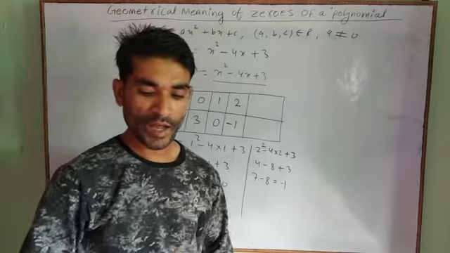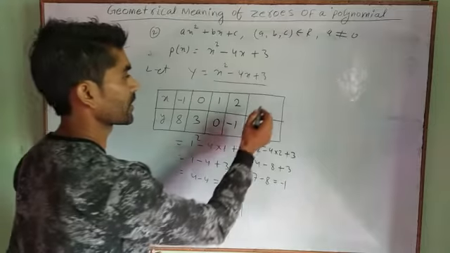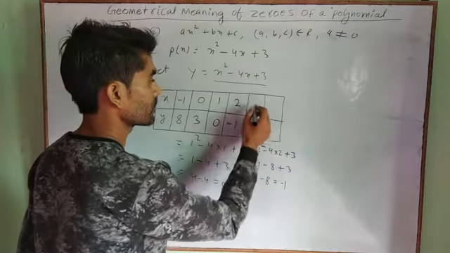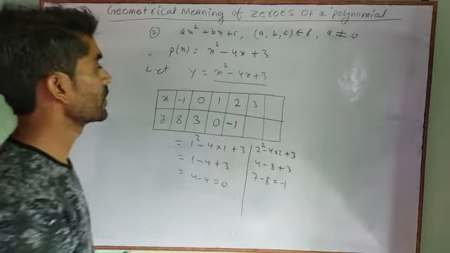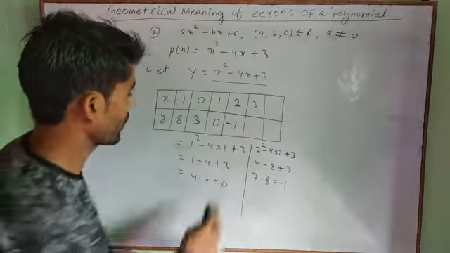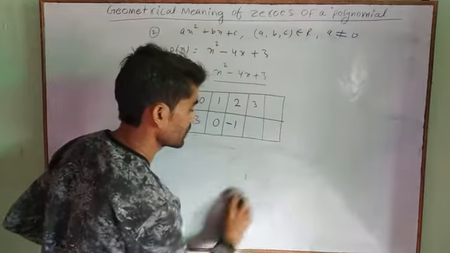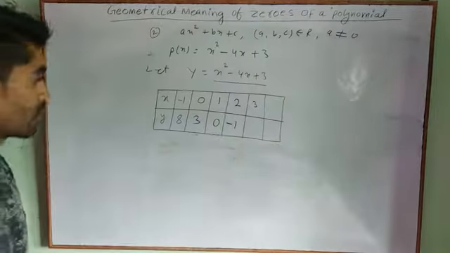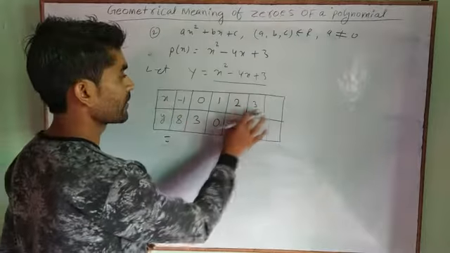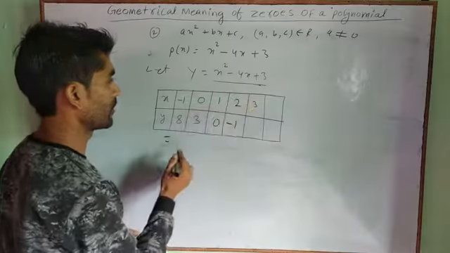Then after, I'm taking x is equal to 3, right? So when x is 3, let me show you what y value comes. When the x value is 3, we'll put this value in this expression.